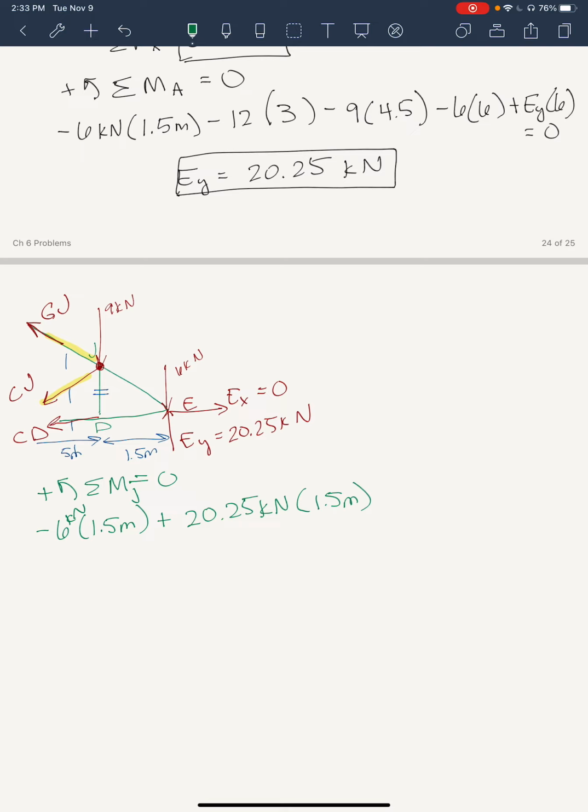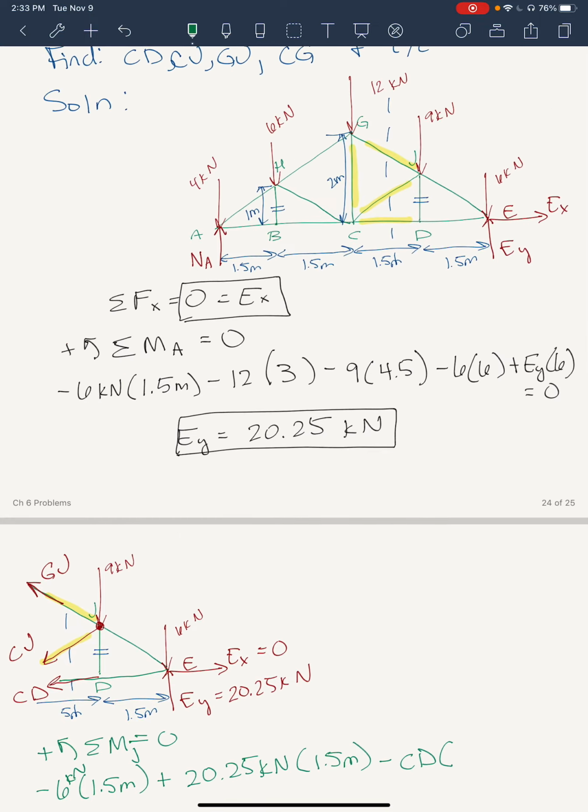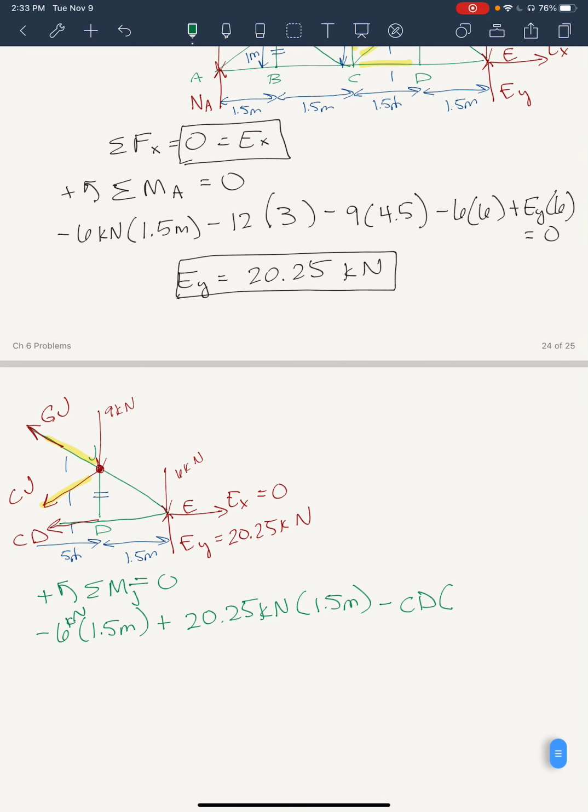And then CD will create a negative moment, CD times, as written there, 1 meter, equals 0.